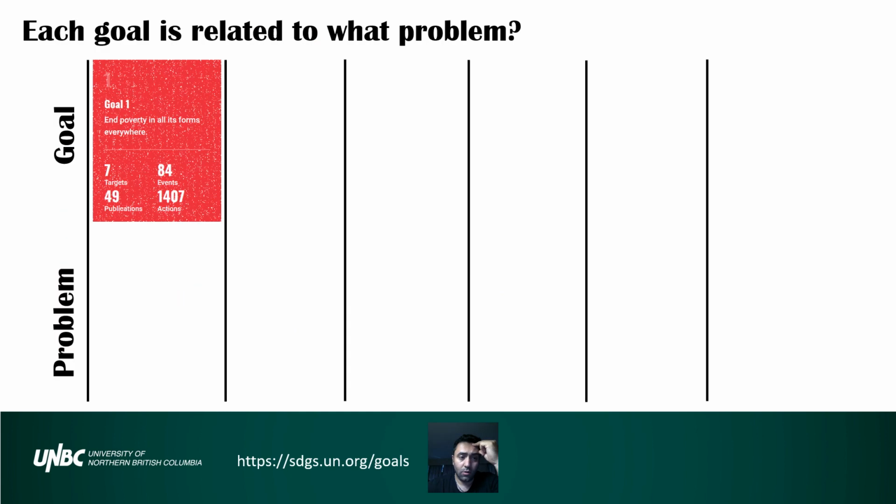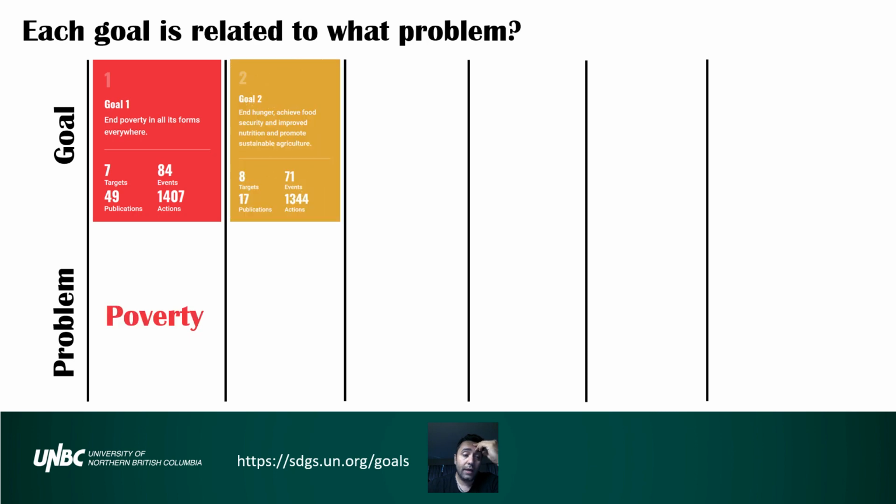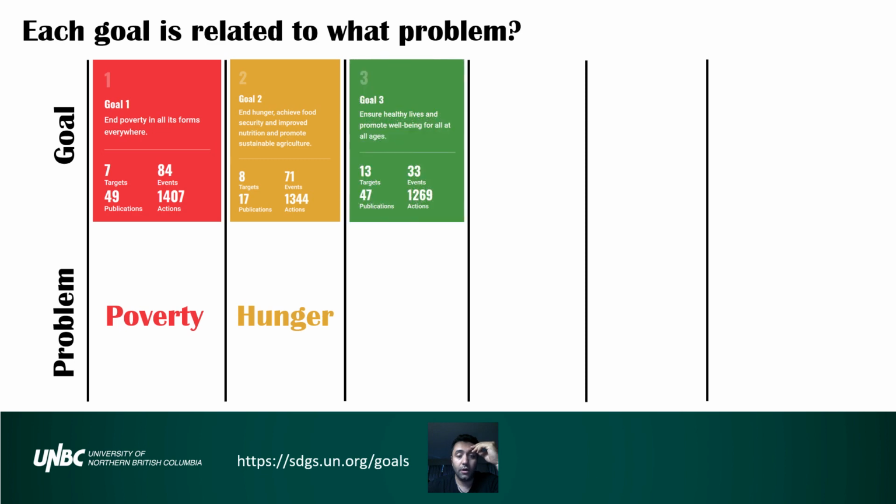According to the goals defined in the Sustainable Development Goals, the first goal is to end poverty in all its forms everywhere. So the problem it targets is poverty. Goal 2 goes for hunger.